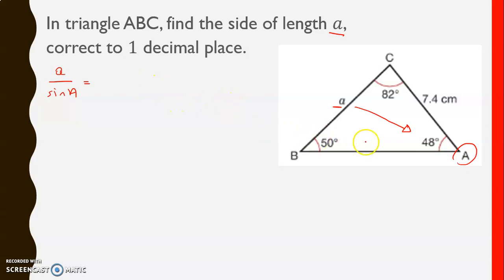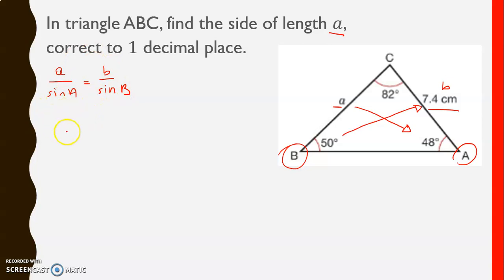We only need another ratio where we know both the side and the angle, and that's angle B. As we can see, we know angle B is 50 degrees and we also know side B, which is 7.4. So that is equal to B over sine of B, and that's all we need for now.